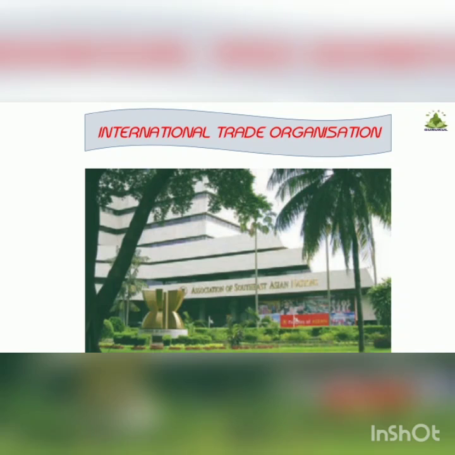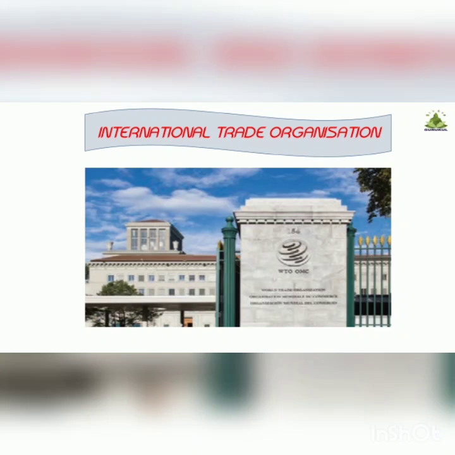The political relations between two countries also influence the trade between them. Sometimes the obstacles in the way of trading affect the mutual relationship adversely. To avoid this, International Economic and Trade Organizations came up.